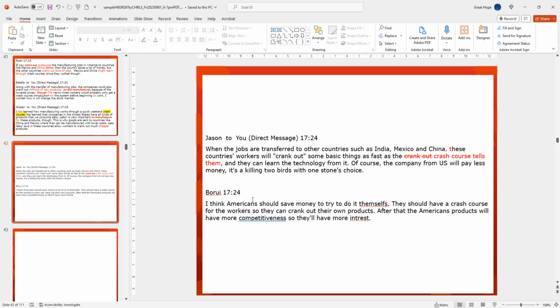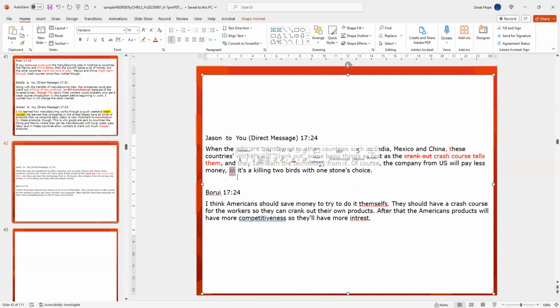All right, so of course the company from the US will pay less money, as in killing two birds with one stone. Here, if you use "the company will pay", then you are linking two clauses together. You need something, not just a comma. Instead you should say "so", making it work as a conjunction.